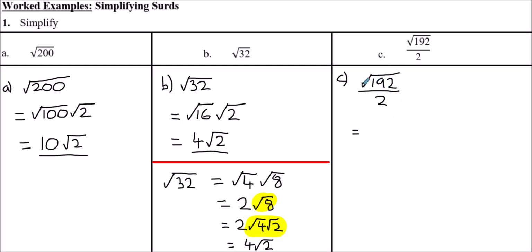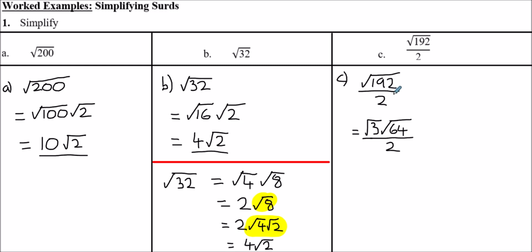And so we can rewrite the surd part of this as 3 lots of root 64, all divided by 2, because root 3 times root 64 would give us root 192.